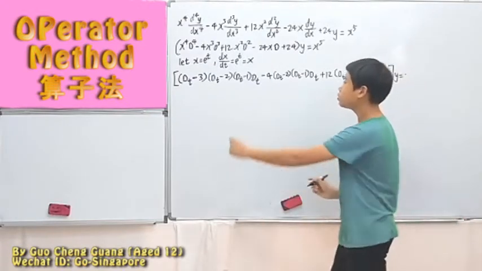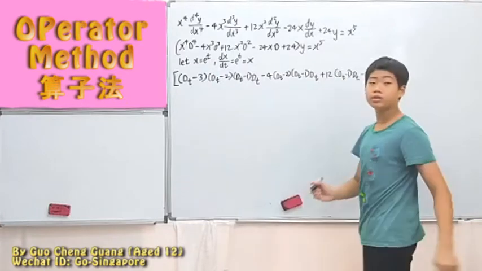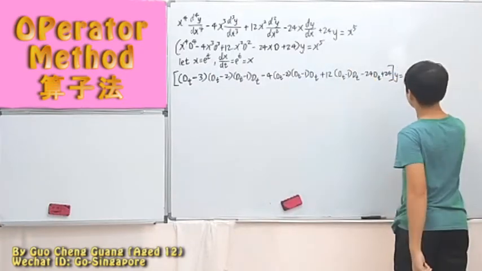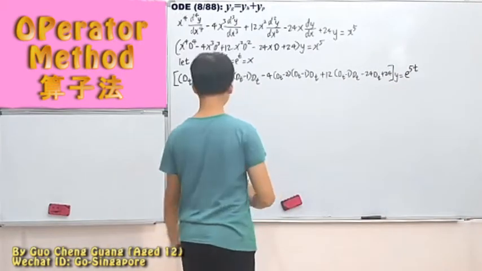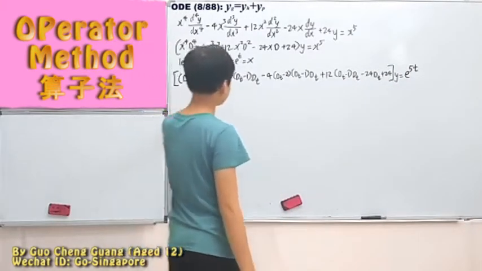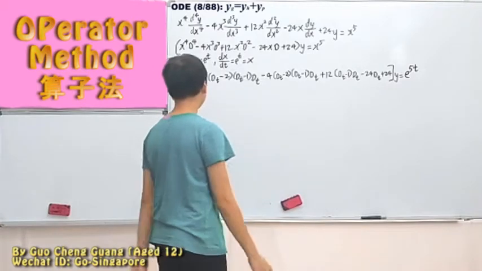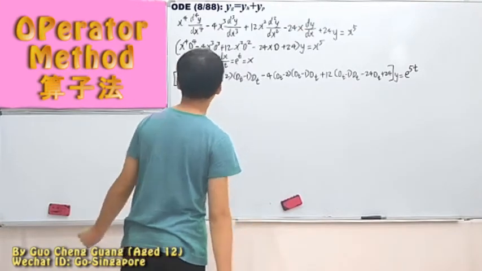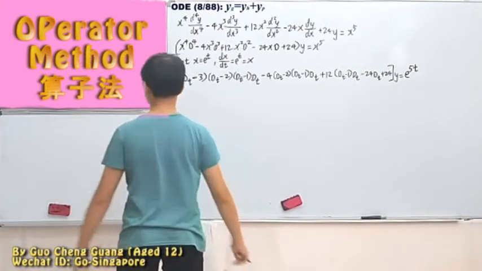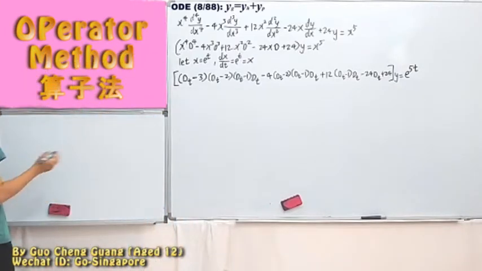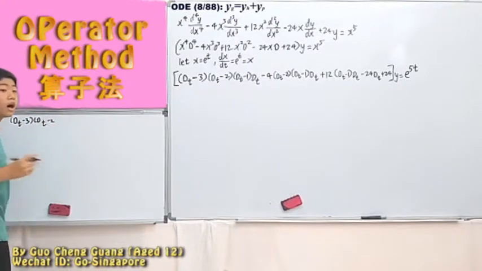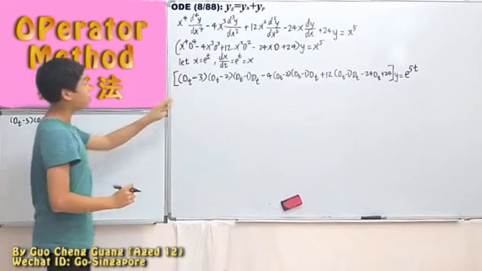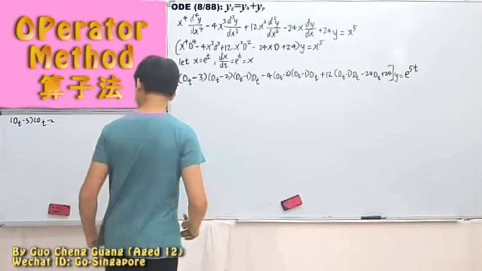Beware, since we already let this part be e to the power of t, that means here we'll need e to the power of 5t. Okay, now that's what we have in this part. Of course, we have to find out in each part what the values are. First, let's find dt subtract 3 times dt subtract 2, or otherwise you can just straight away try to find it.